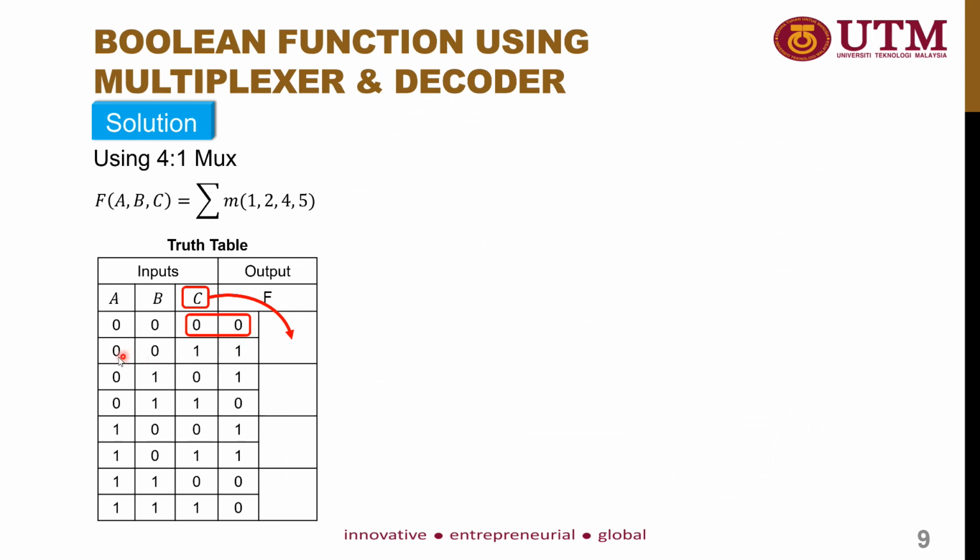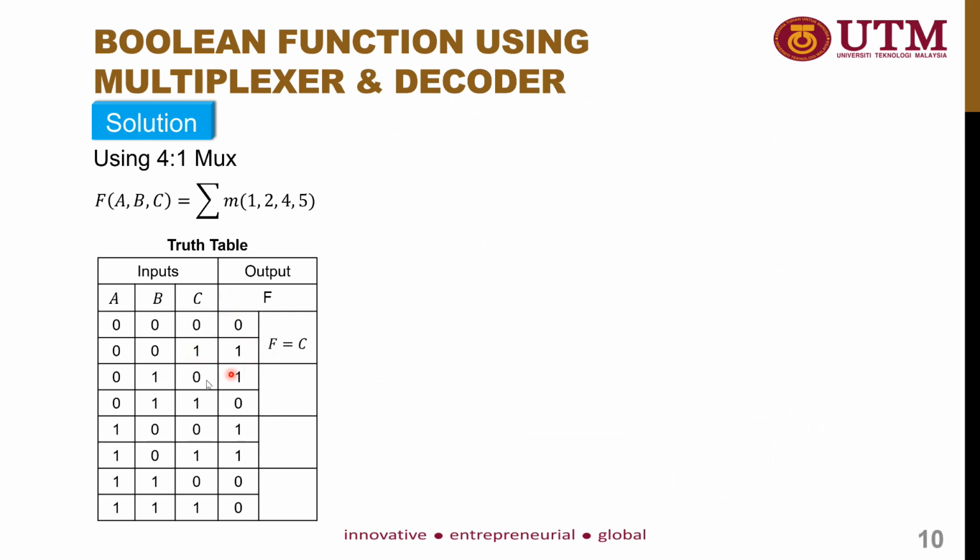In the second example, when A and B are equal to 0, C is equal to 1 and F is equal to 1. So F is equal to C in every situation when A and B are equal to 0. So the equation we get here is F equals C.